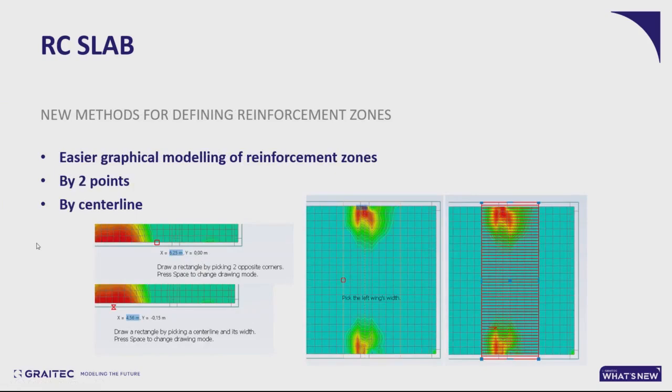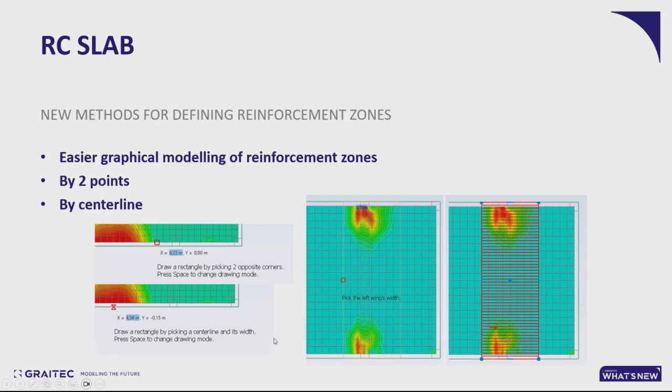So we now have new methods to define the rebar zones, or reinforcement zones, for the slabs. Before, if you remember, we had to define a polyline around our slab to define the reinforcement zone, but we now have two other very effective methods. The first one is by 2 points.